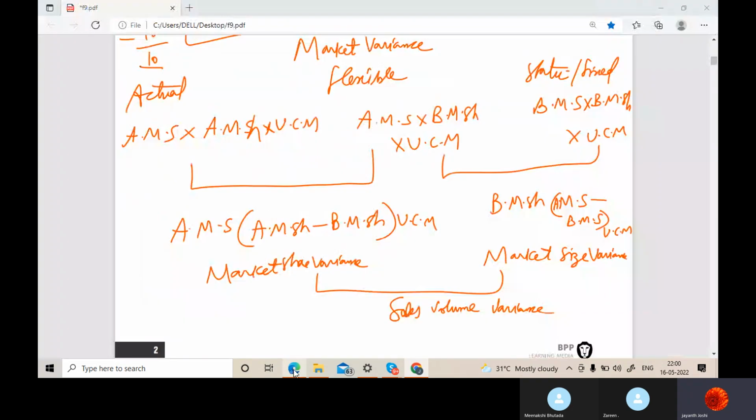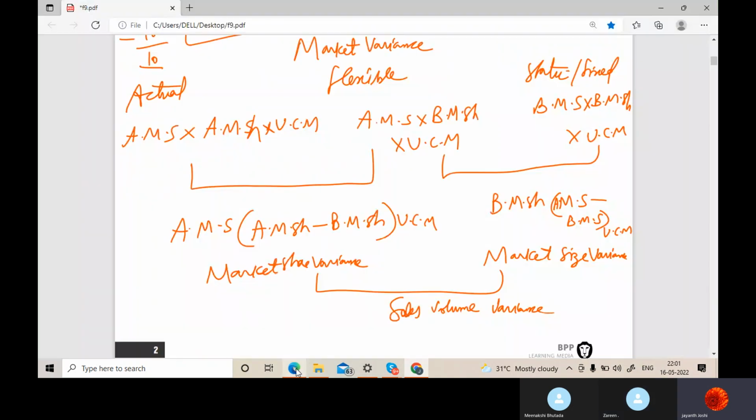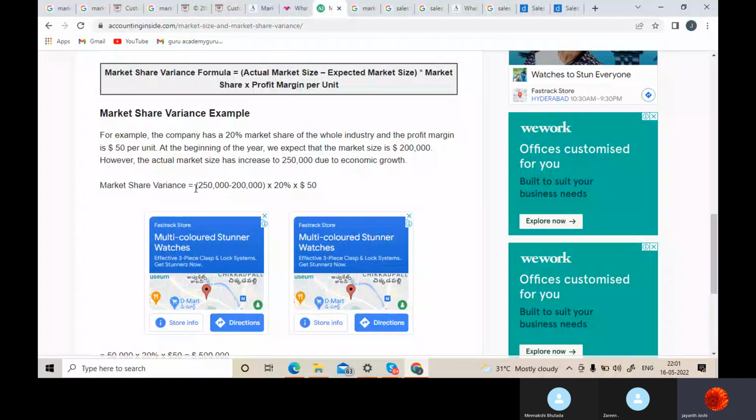Market size, budgeted market share. Actually, this is market size variance, not share variance. These guys are wrong.